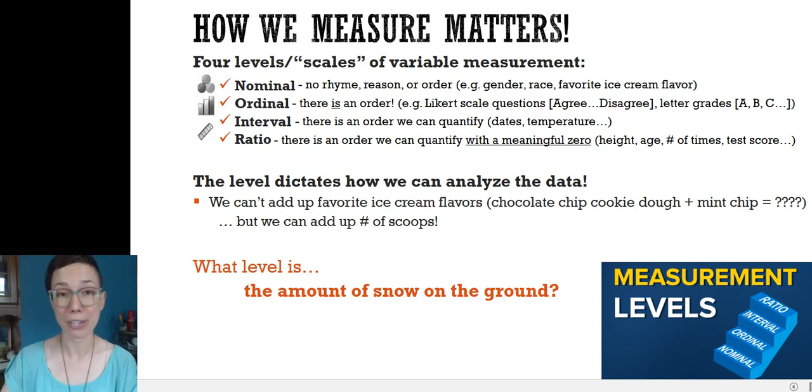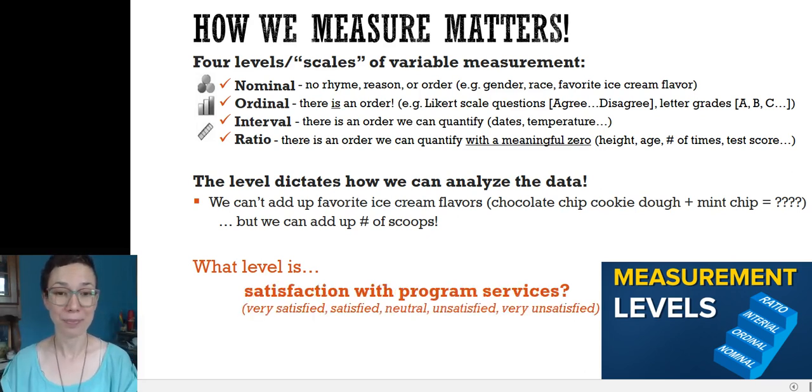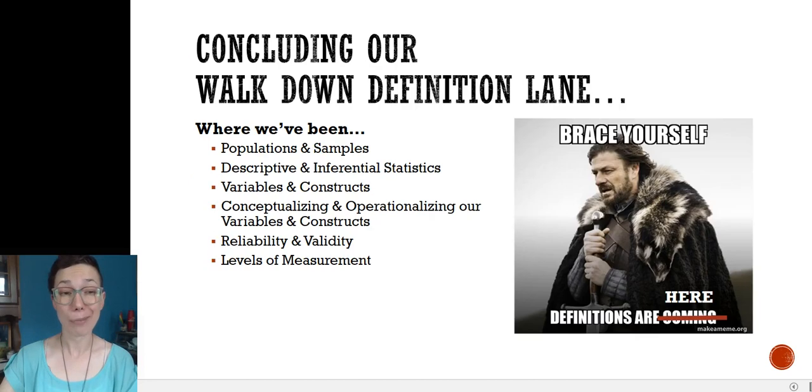So the 0 means the 0 in that situation. Satisfaction with program services. Hopefully you're thinking ordinal. Okay, so it's pretty straightforward, right? Again, the important thing is going to come next week when we talk about how this data is being analyzed, when we're talking about descriptive statistics.